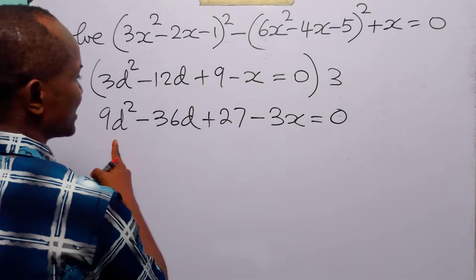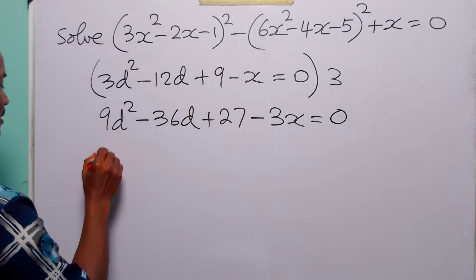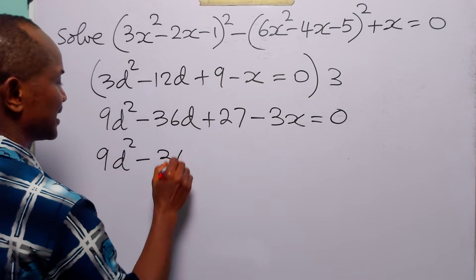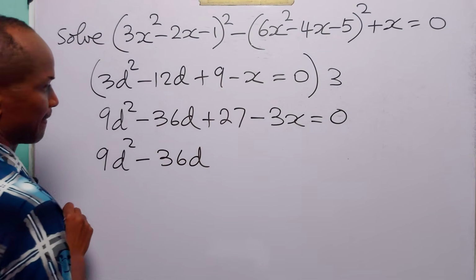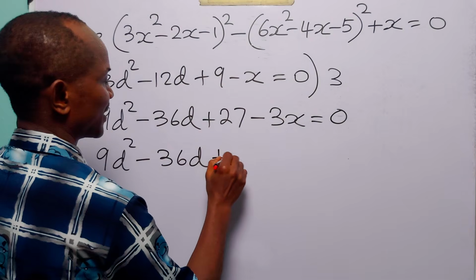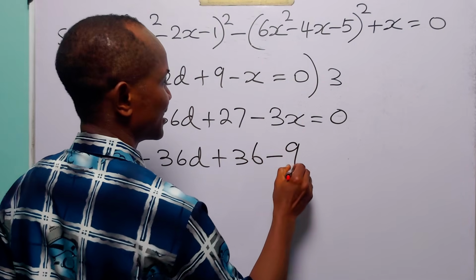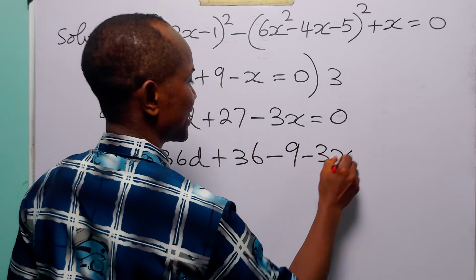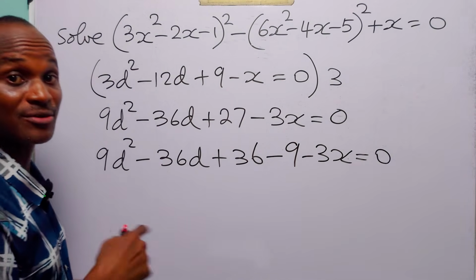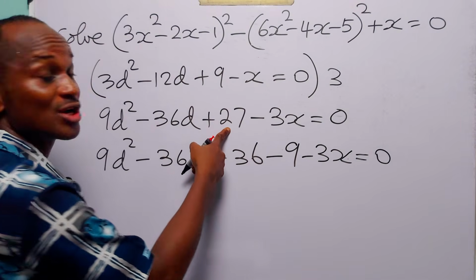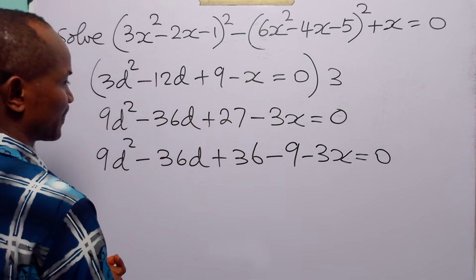Now, we can write this as 9d squared minus 36d plus 36 minus 9 minus 3x is equal to 0. Of course, you know that 36 minus 9 is going to give us 27.